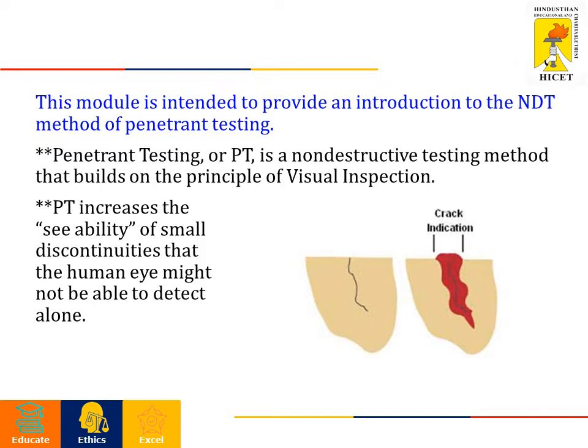We can't see it easily in normal visual mode, so we use this PT method. PT increases the seeability of small discontinuities that the human eye might not be able to detect alone.